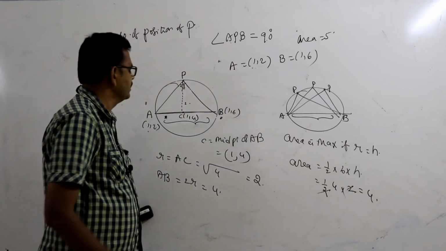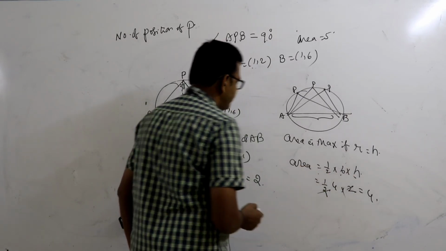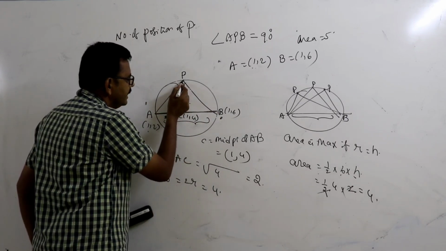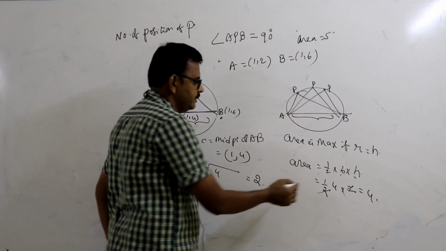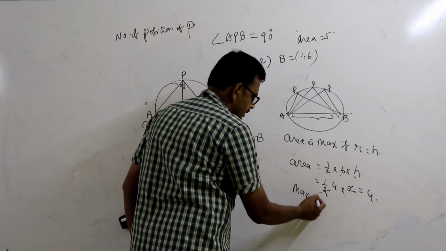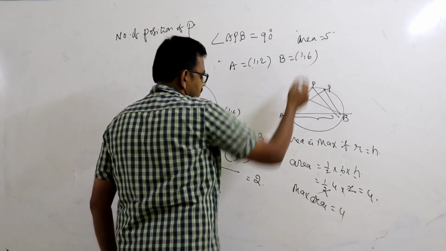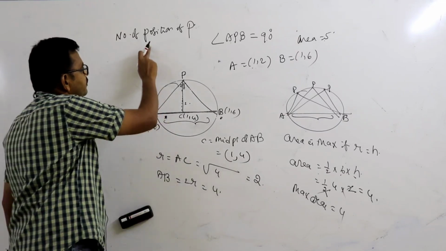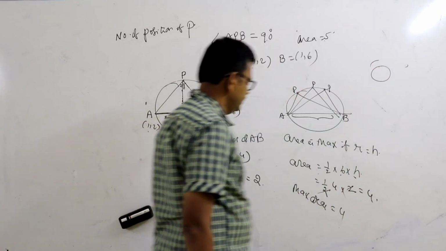Area of triangle is half into base into height, base is fixed always, base is AB. When height is nothing but radius, then only the area is maximum. So maximum area is 4. But it is given area of triangle is 5, which is not possible. So number of positions of P is 0.